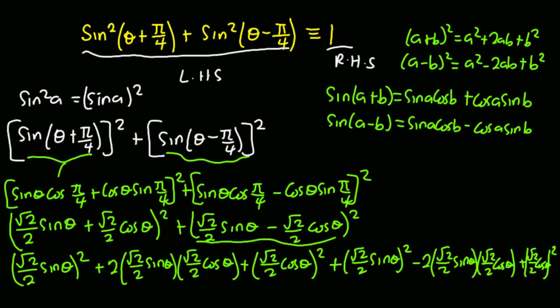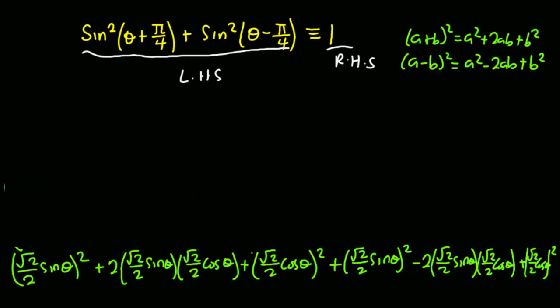So simplifying what we have here, root 2 on 2 squared gives us 2 on 4, so I'm going to get 2 on 4 sine squared theta plus 2 times root 2 times another root 2.